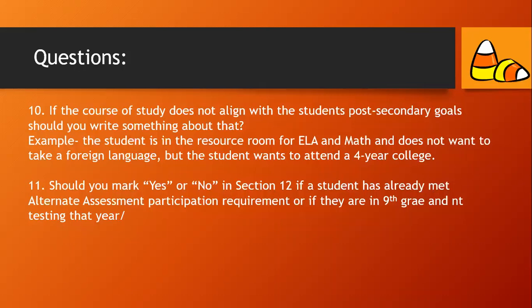One thing we want everyone to remember is that once a student is done, you want to continue to document that on subsequent IEPs, because if you don't, we have had situations where a student is 21 and looking at exiting at age 22, and the team is not sure if the student ever took alternate assessment and passed or met the participation requirement.